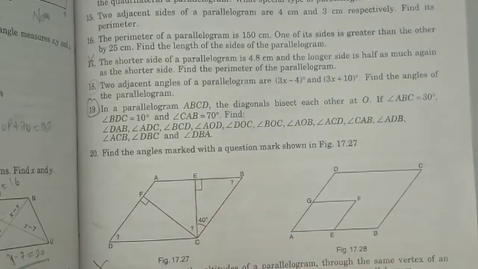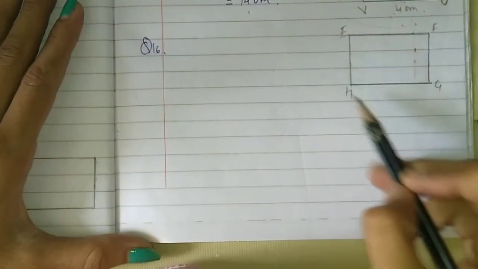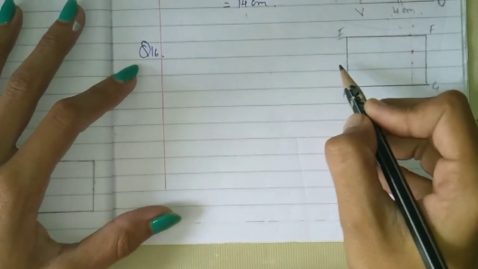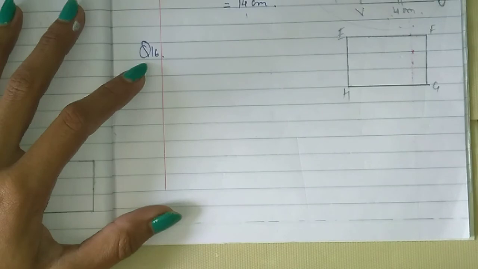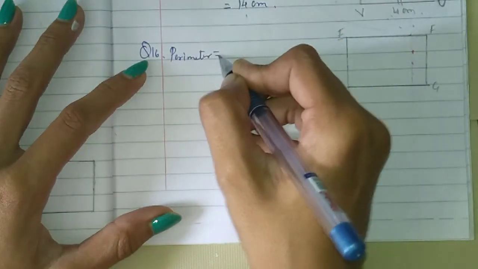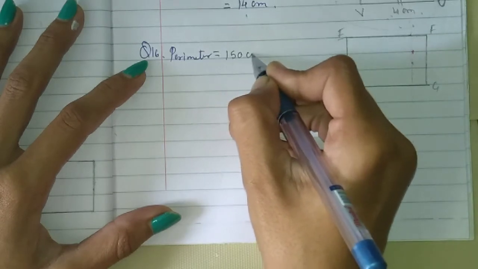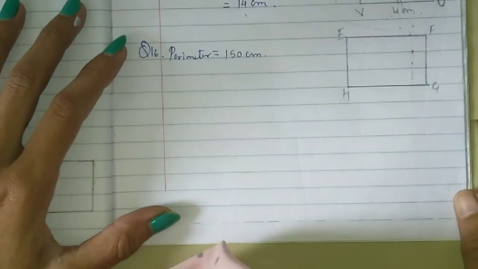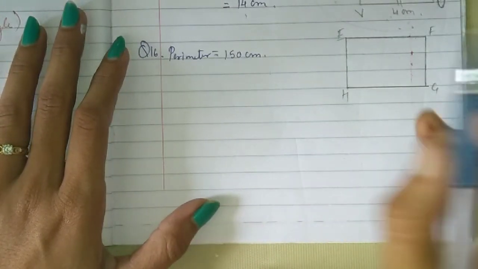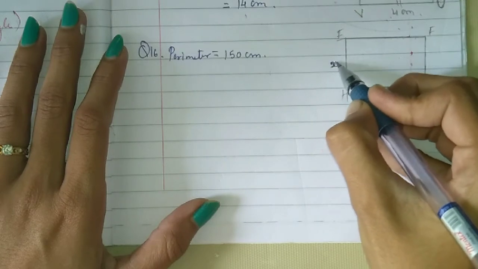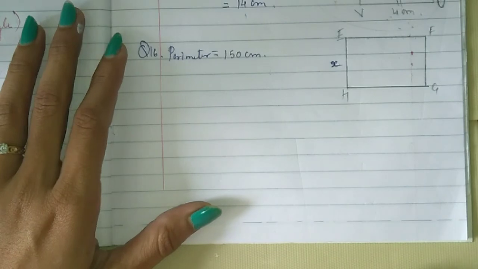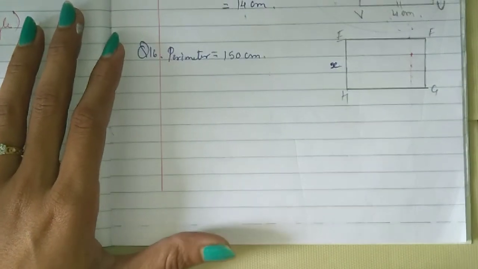Let us draw and see. I have drawn one parallelogram. In that, the perimeter is given, so I am writing here perimeter is equal to 150 centimeter. Now another statement is that one of its sides we can take as x. Let one side be x and the other side is greater than the other by 25.